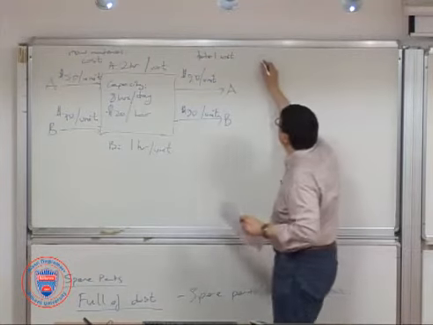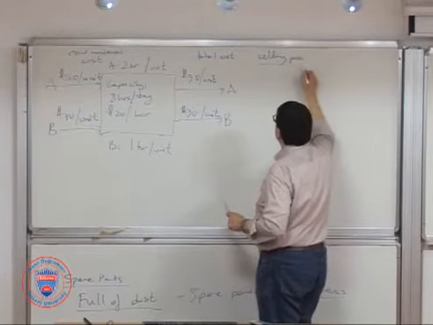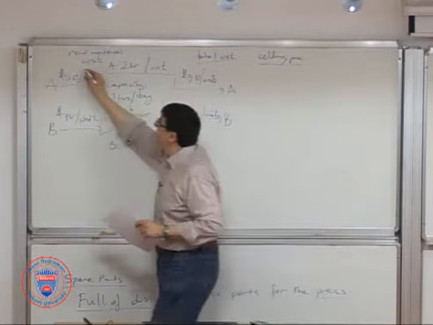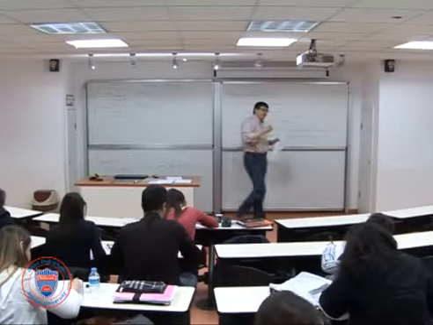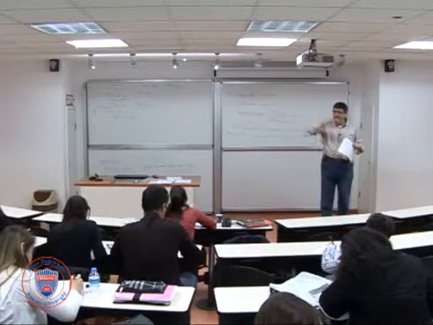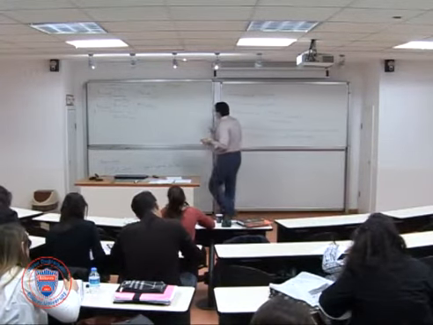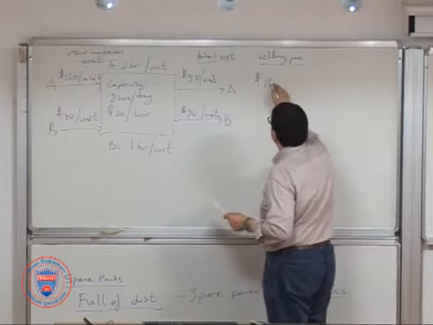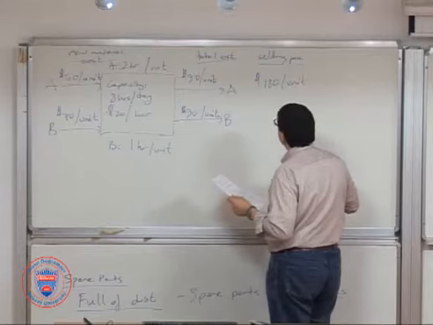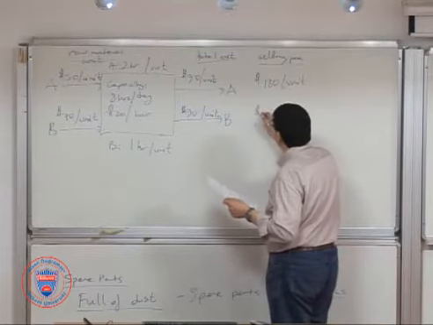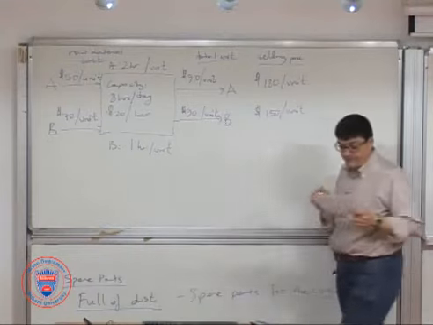Now, I'm also going to have the selling price. As A takes more time to manufacture, and probably has something tweaky in the design, it sells for more. So we can sell this for $180 per unit, and the other one, we can sell for $150 per unit.